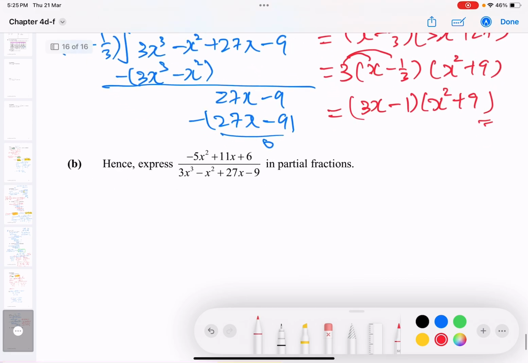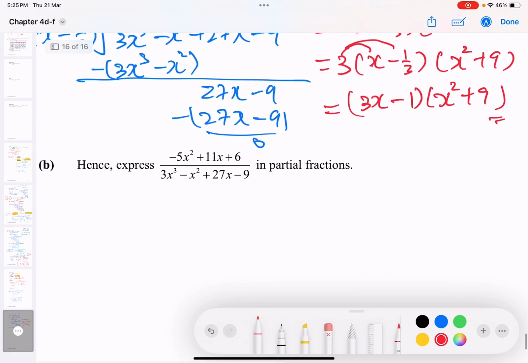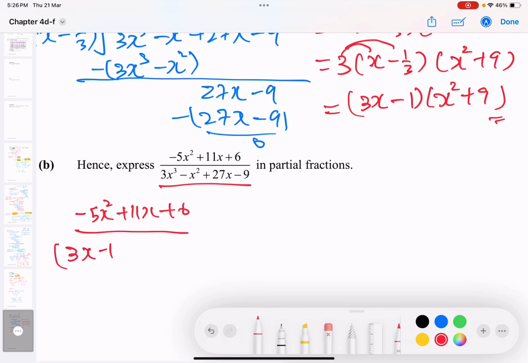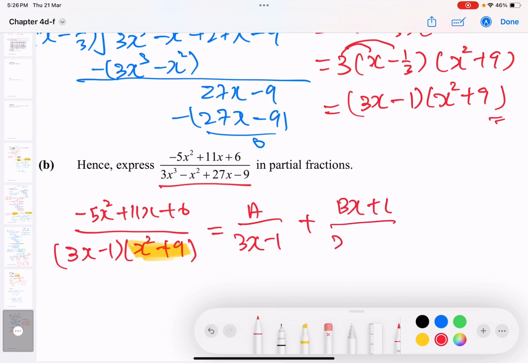Next, we are asked to express this in partial fractions. We know the denominator. This can be written as negative 5x squared plus 11x plus 6 divided by 3x minus 1 times x squared plus 9. Now we know that x squared plus 9 is an irreducible factor, so this can be split into A over 3x minus 1 plus Bx plus C over x squared plus 9.